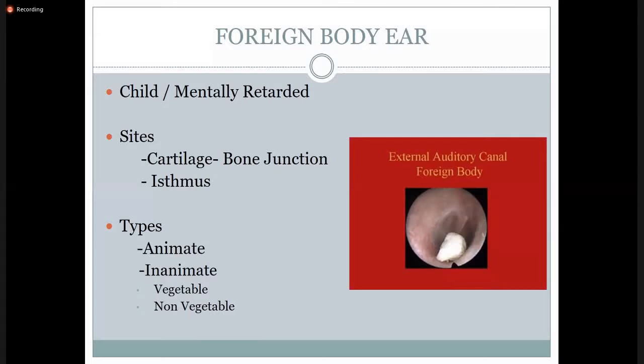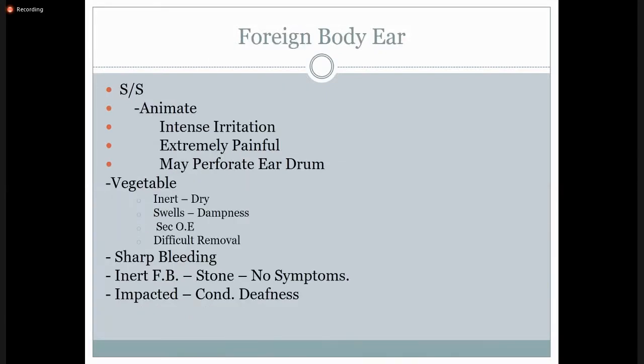So the types can be animate, a living body like an insect, or inanimate, which is non-living, like of vegetable origin or non-vegetable, plastic waste, and so on. Signs and symptoms: if animate, meaning there is a living body inside the ear, there is intense irritation.